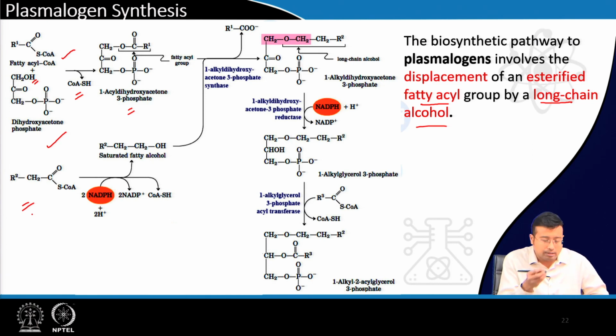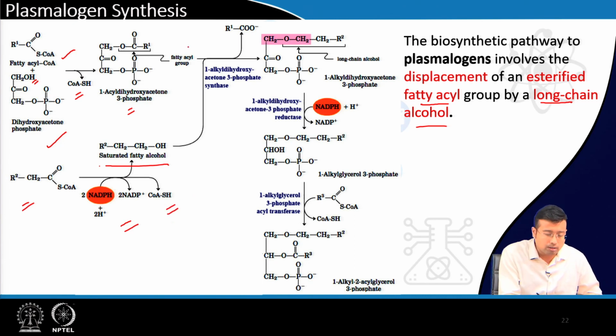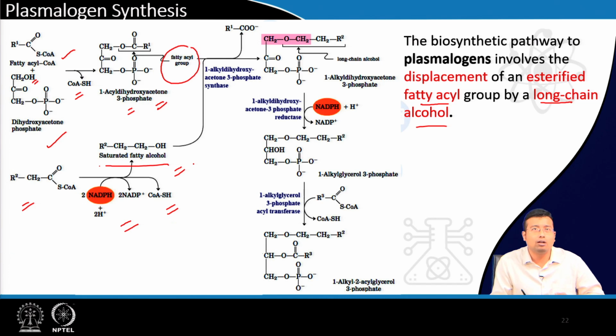It is reduced with the help of NADPH. When we reduce acyl CoA, it becomes a saturated alcohol because the coenzyme A is lost. Now, the 1-acyl dihydroxyacetone phosphate and the saturated alcohol act together, they are condensed.